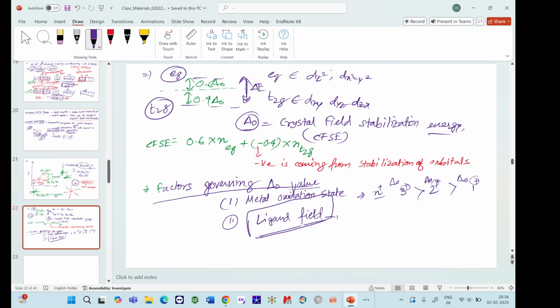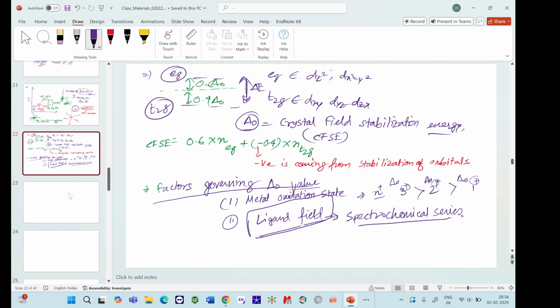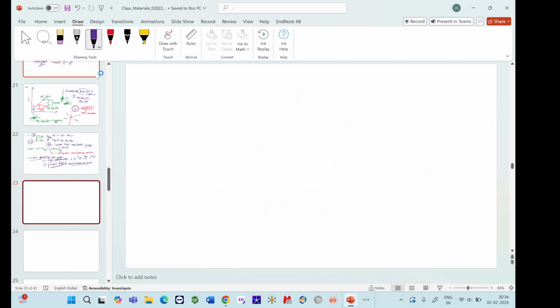And for the ligand field, we have to get to know one thing that is called the spectrochemical series. There is an order of ligands. Let me write it first, then I will tell you.